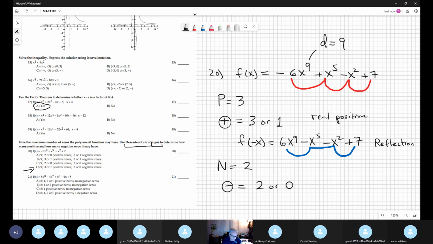Option D. Make sense? Do you understand everything very well, or no? Can you explain it again? I'm sorry, I got lost. P up to 3, positive. You just count every change from negative to positive.